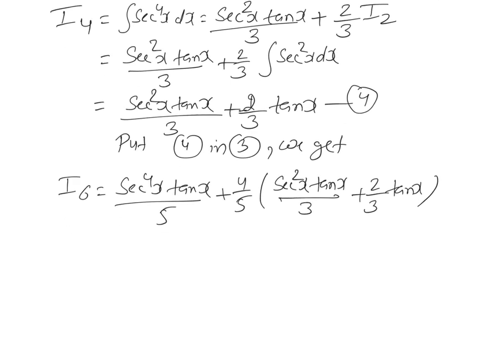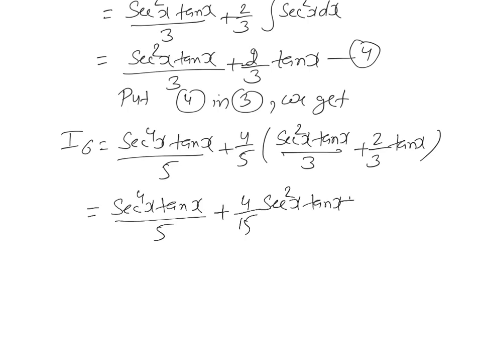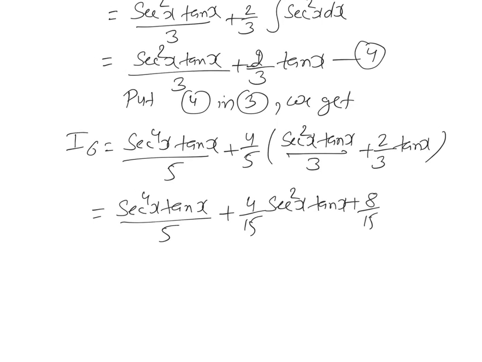Now this will be multiplied and written as secant^4 x tan x divided by 5 plus 4/15 secant^2 x tan x plus 8/15 tan x.